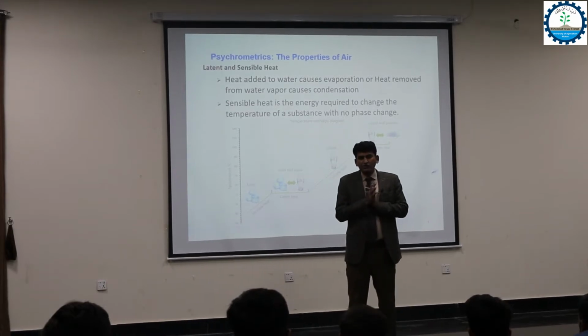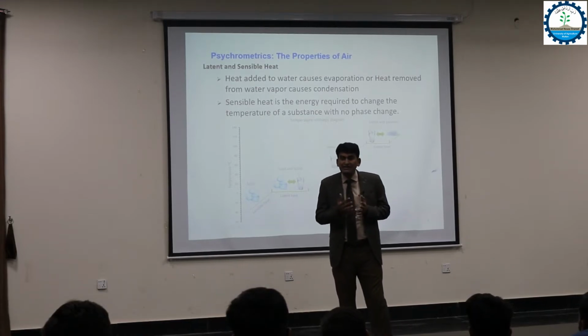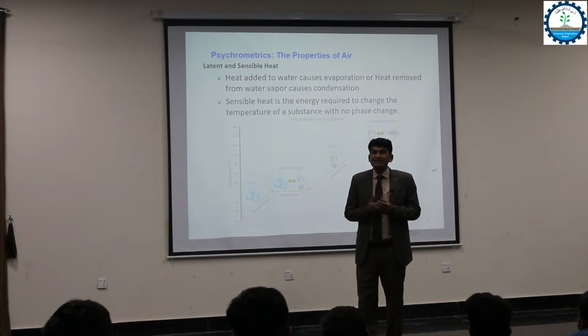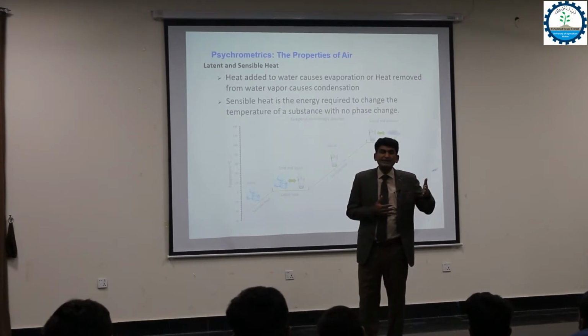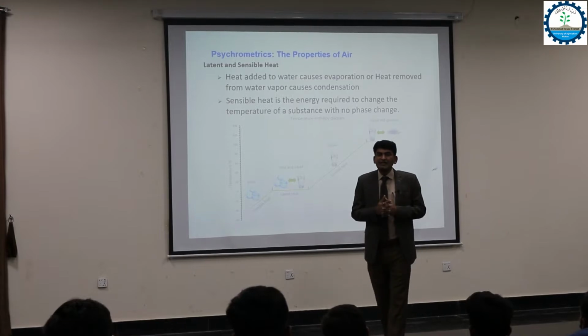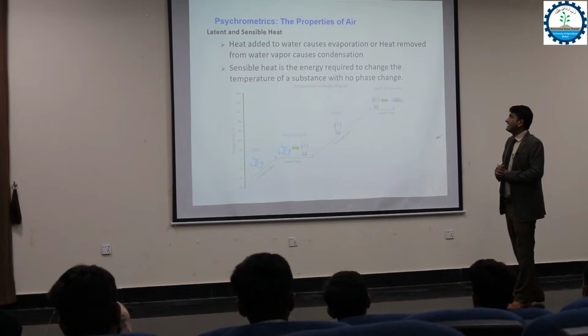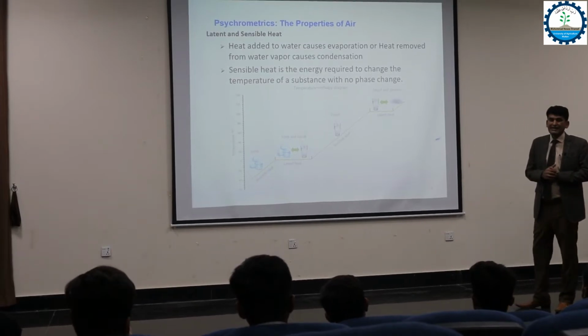If we focus on the words, sensible heat means heat which we can sense, like our thermometers can sense what the temperature is now. Any change which we can sense with our thermometer, we call sensible heat.